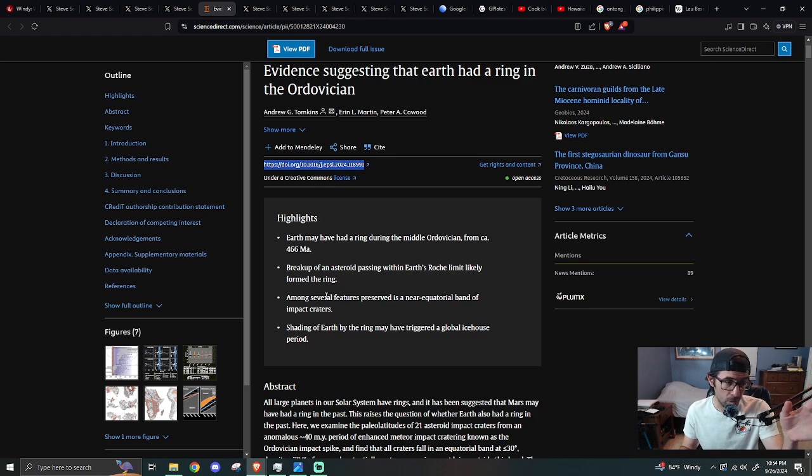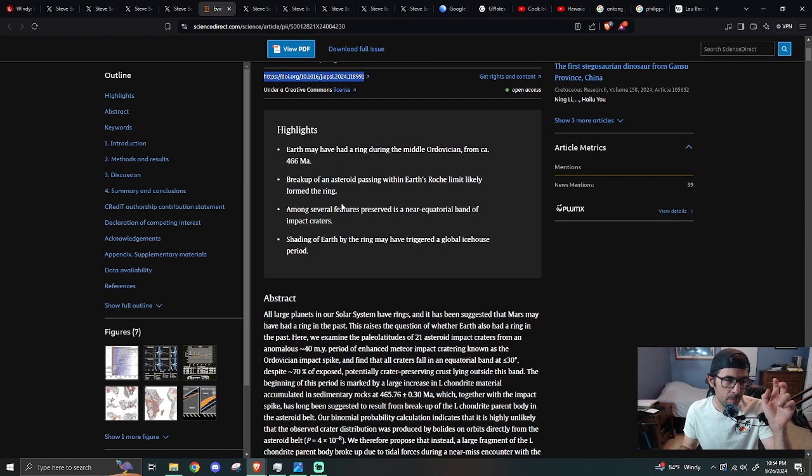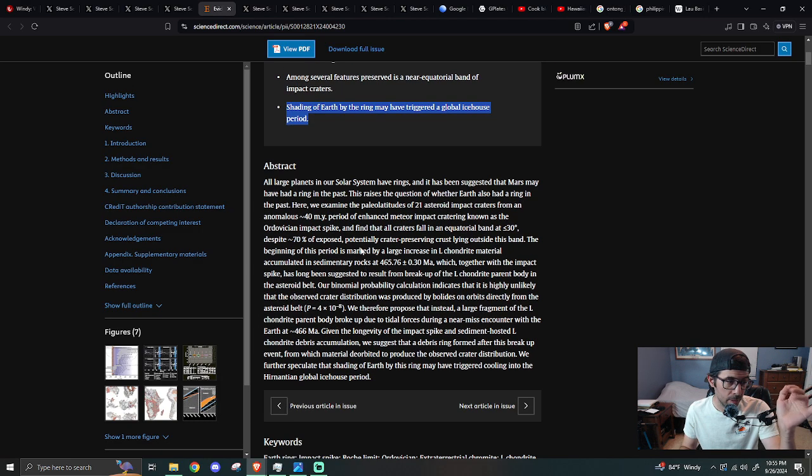Among several features preserved is a near-equatorial band of impact craters. And then they propose a shading of Earth by the ring may have triggered a global icehouse period. So there's some evidence of some global cooling event related to this ring, I guess, as well as the evidence for the ring.